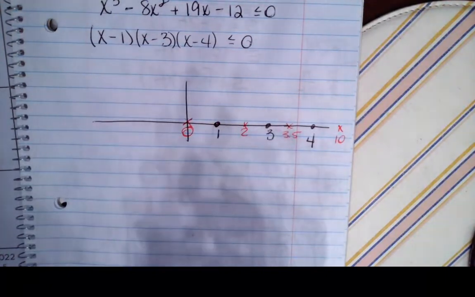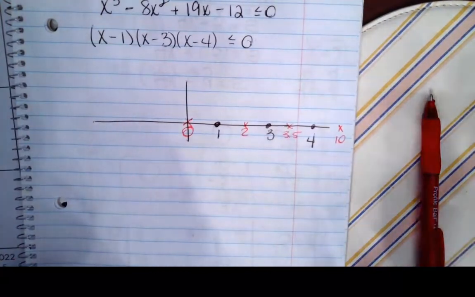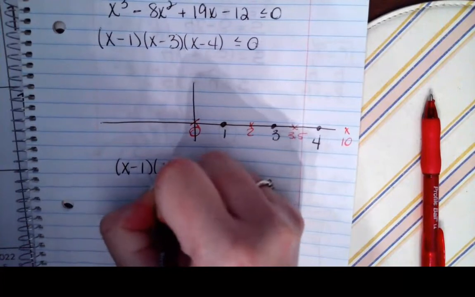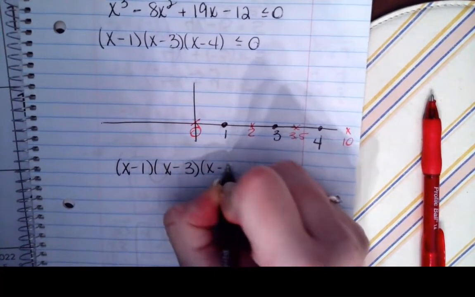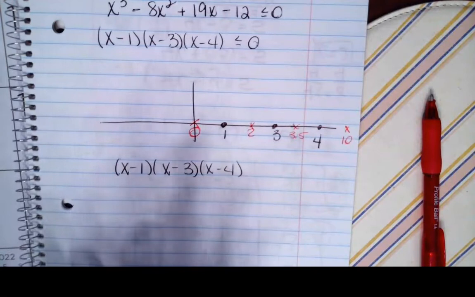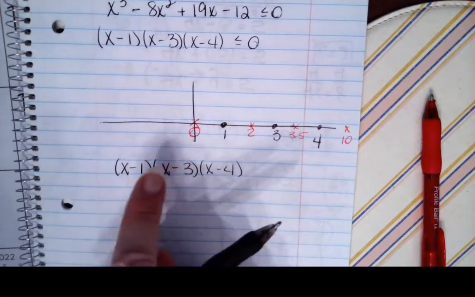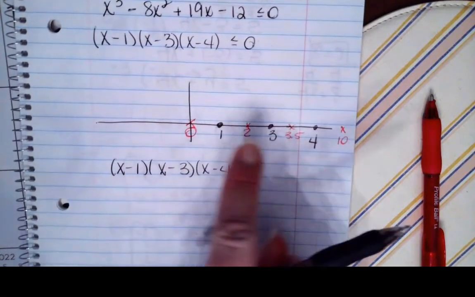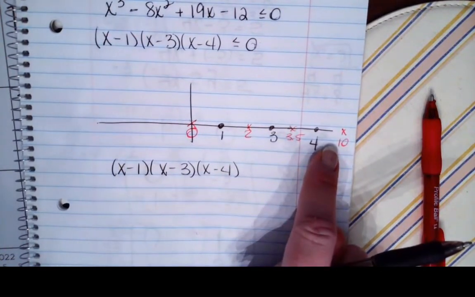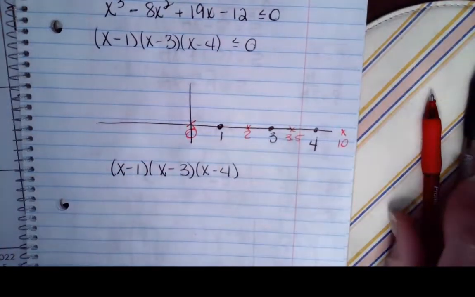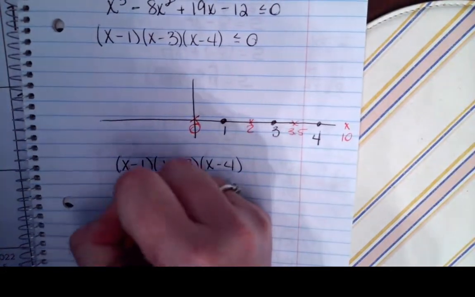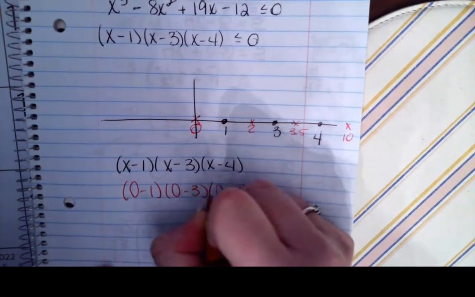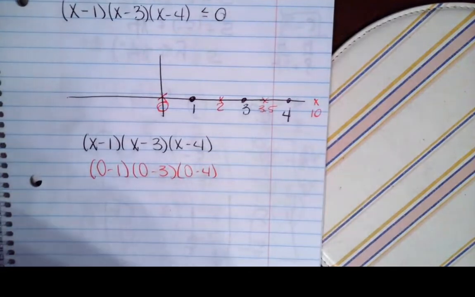So, looking at this, I am now going to use my factored form. I have x minus 1, x minus 3, x minus 4, and I'm going to evaluate this polynomial function in factored form with each one of these 4 test points. I'm going to start with a 0. So if I use 0 minus 1, 0 minus 3, 0 minus 4, again, I personally don't care about the value that happens.